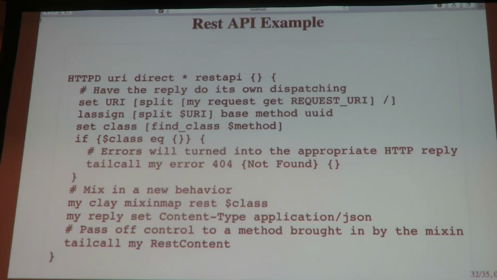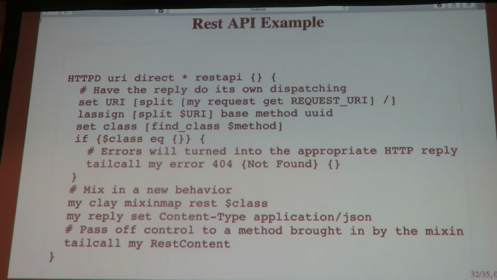Okie doke. One of the things that was very difficult in the old Tcl HTTP module was handling something like REST, where the URI pattern has part of your argument structure in it. Well, with this one, you don't have to worry about that.